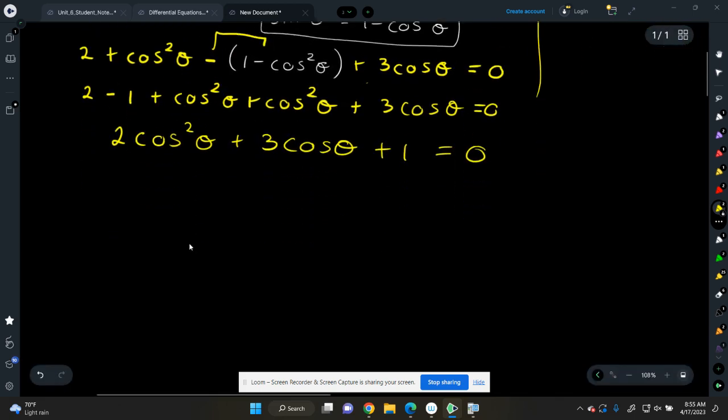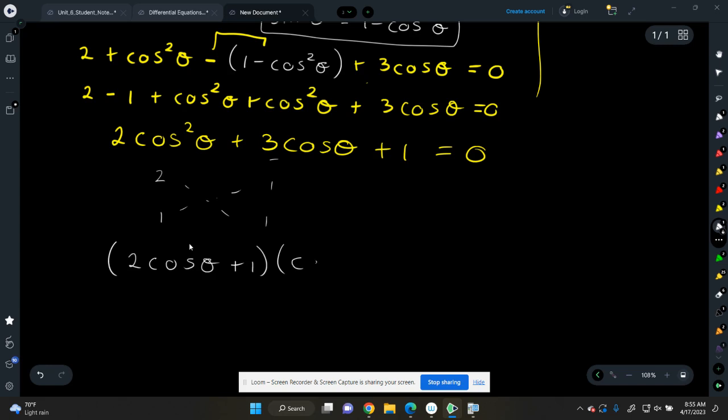So let's see, 2, 1, 1, 1. That's going to factor correctly. That gives me 2 plus 1 is 3. So that's going to factor as 2 cosine theta plus 1 times 1 cosine theta plus 1 equals 0.